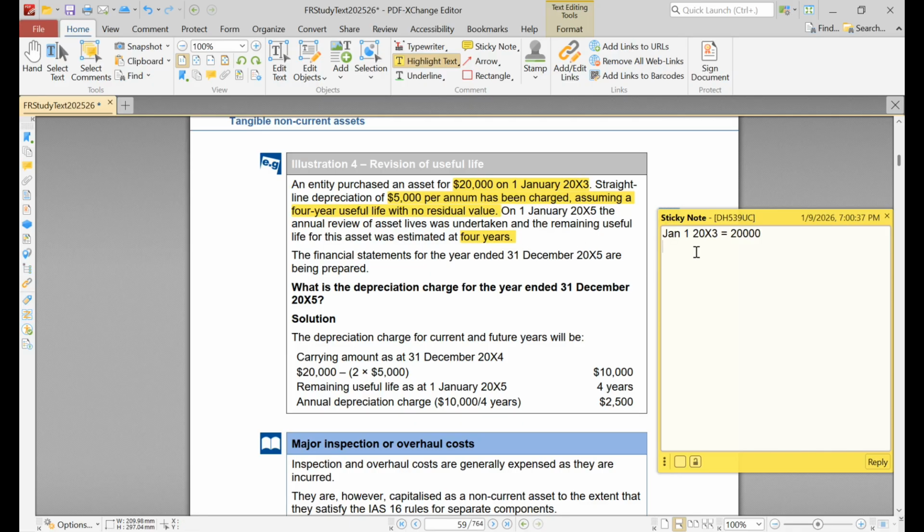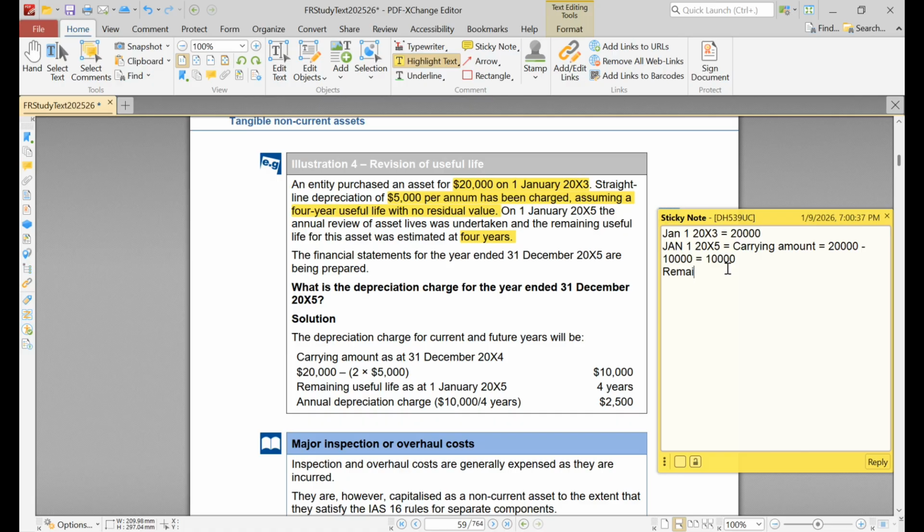On Jan 1 20x5, the carrying amount would be the initial cost minus depreciation. Depreciation is 5,000 per year, and from 20x3 to 20x5, it's 2 years. So that means it would be 10,000 depreciation. That would give you the value of 10,000 on Jan 1 20x5.